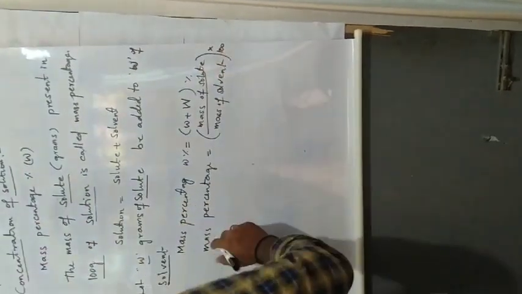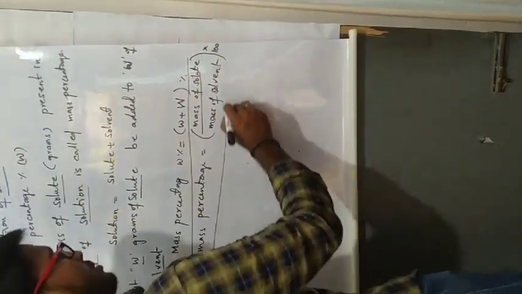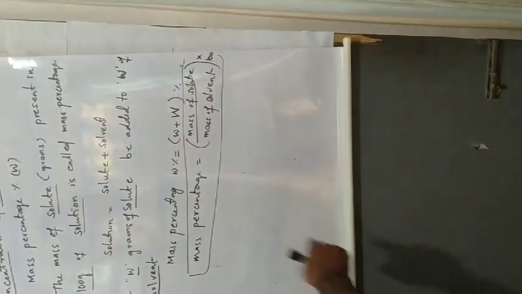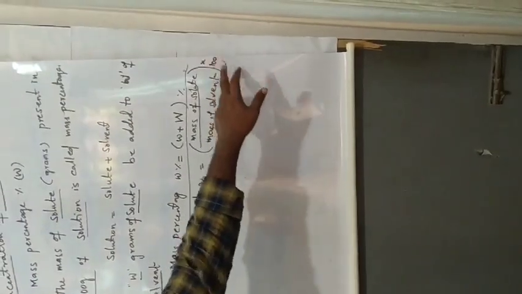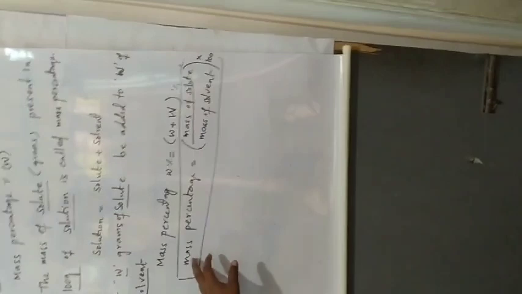The general formula of mass percentage is mass of solute divided by mass of solution into 100. So this is the method to find the mass percentage.